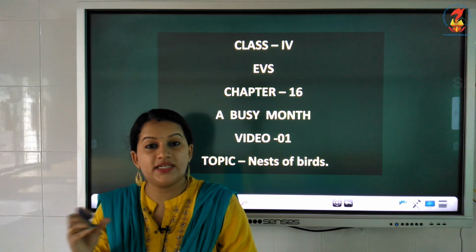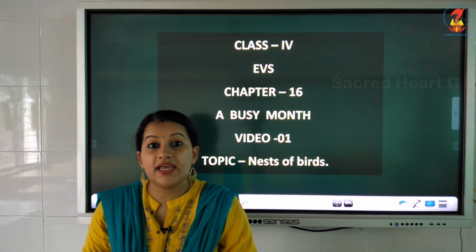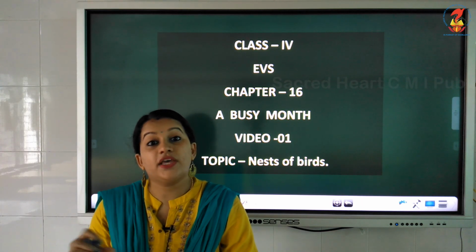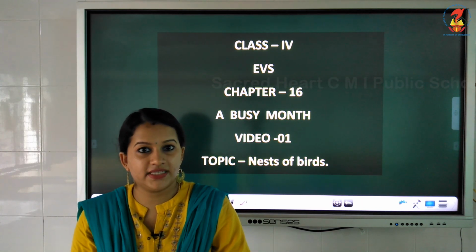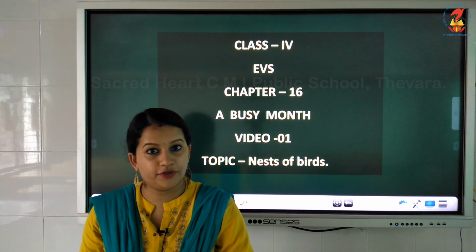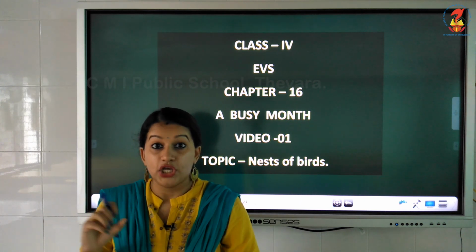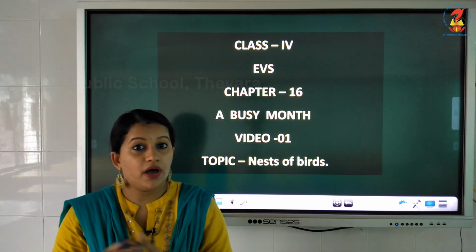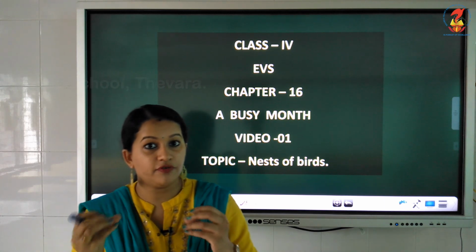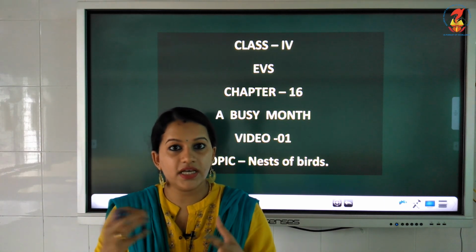The birds twitter differently. So just as they have different sounds, they also live in different places, isn't it? They all look different and they live in different places, and accordingly they will be building their nest. So let us learn more about the different types of nest that birds build while we start the chapter.